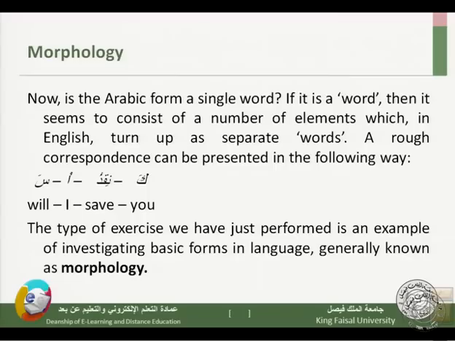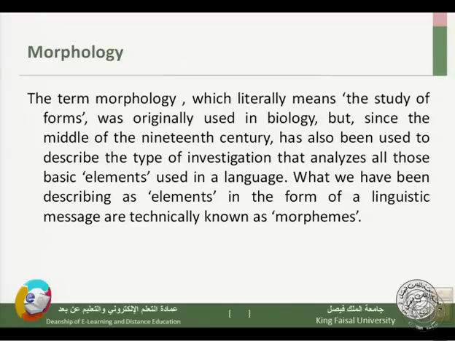The type of exercise we have just performed is an example of investigating basic forms in language, generally known as morphology. The activity we have been doing is the essence of morphology. Morphology deals with the study of forms.